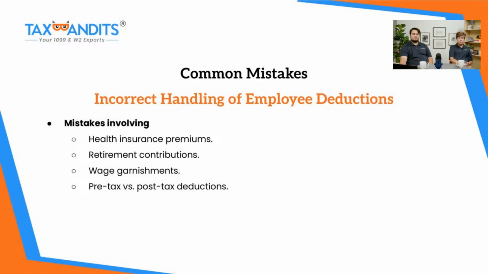Wage garnishments: read and reread those garnishment orders. They do vary from state to state, and they can be very specific. You can withhold a certain percentage from an employee's pay, but their net pay still has to be a certain amount. So pay close attention to those orders when you receive them.